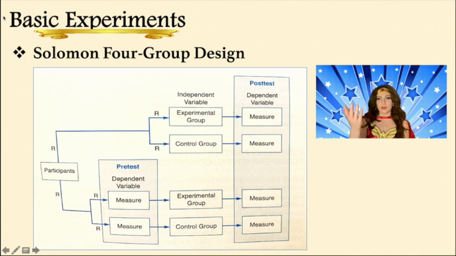So again, the group experiences different levels of the independent variable, and then they're given their mood assessment. However, it's comparing those two groups to the other two groups that actually did receive a pretest, then the independent variable, and then the post-test.